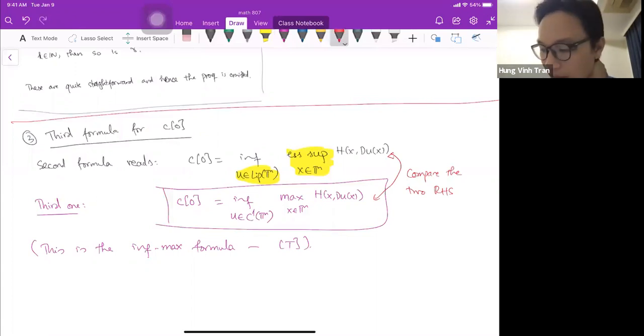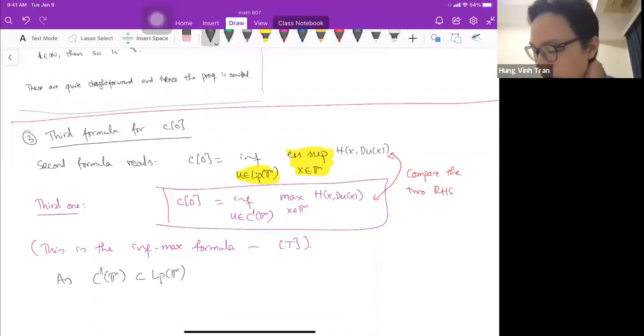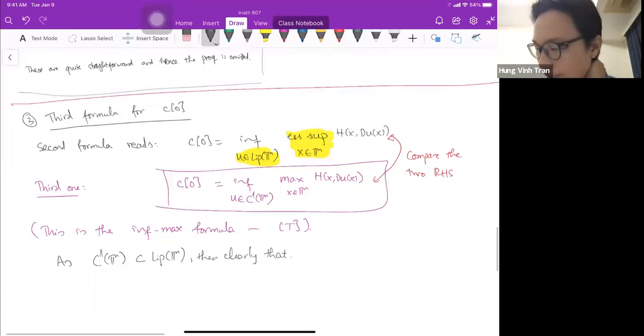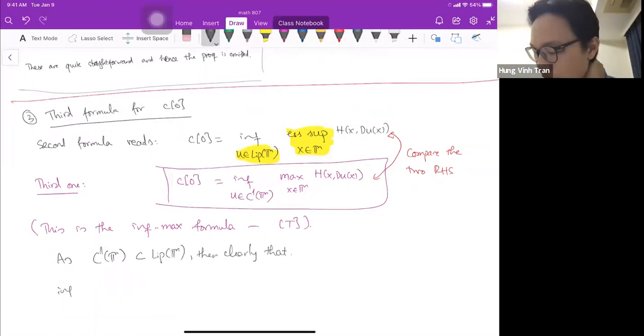As we see, C1 functions are just a subset of Lipschitz functions, so clearly, if I'm taking the infimum over more functions, I should have something possibly smaller.